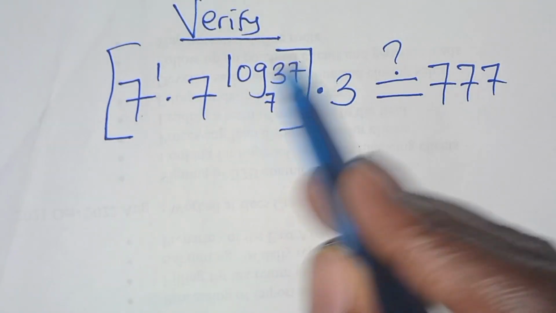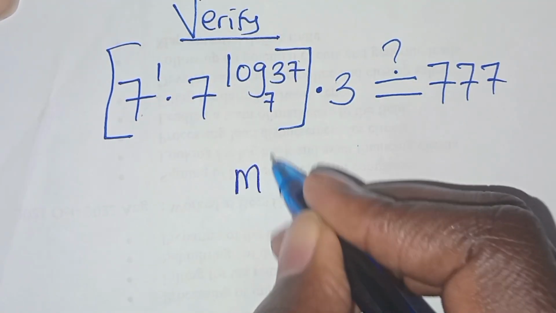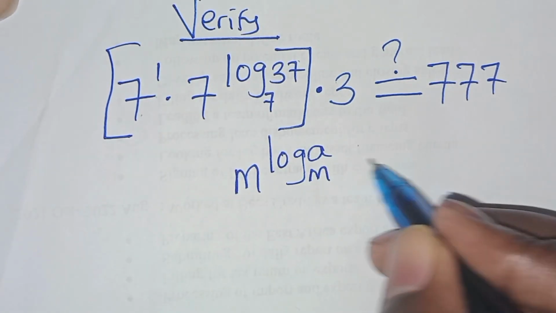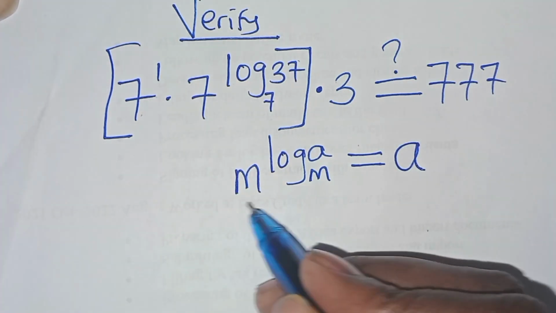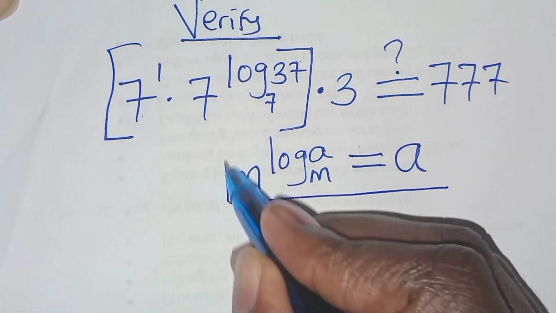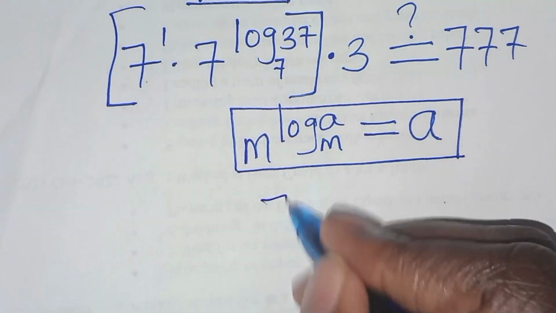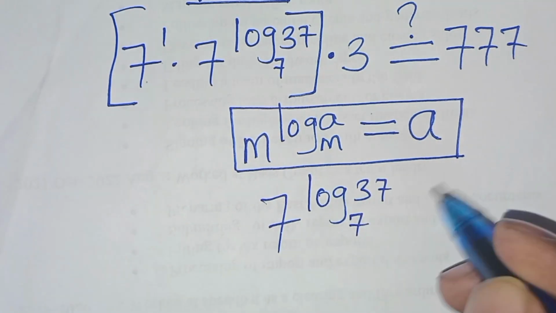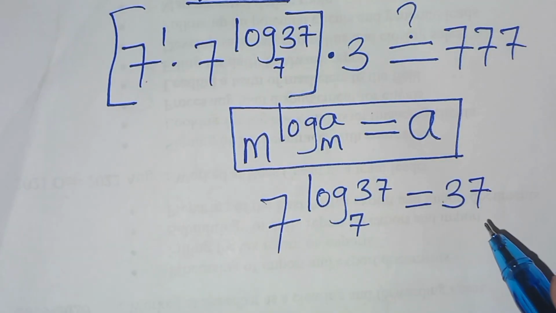7 to the power log 37 to base 7 is actually in the form of m to the power log a to base m, which is essentially equal to a. Applying this logarithm property, 7 to the power log 37 to base 7 gives us a value of 37.